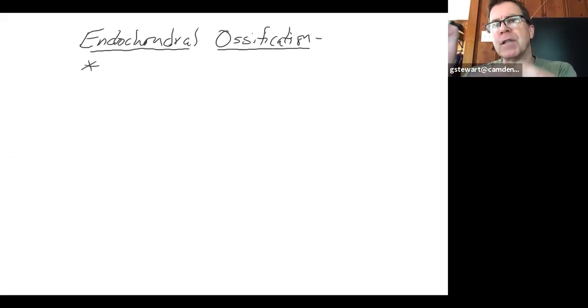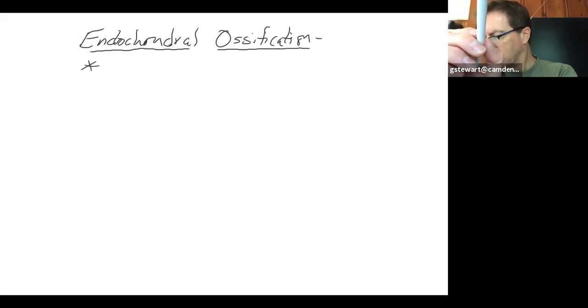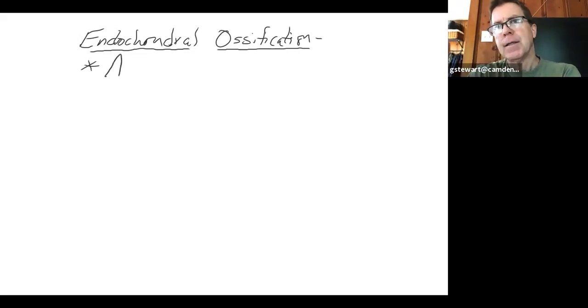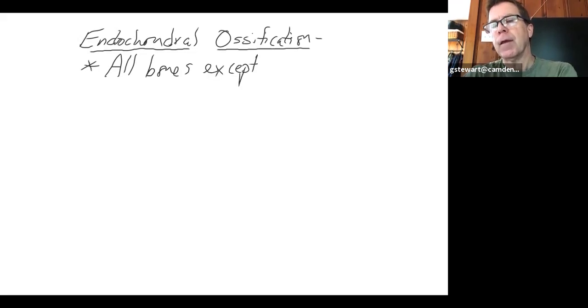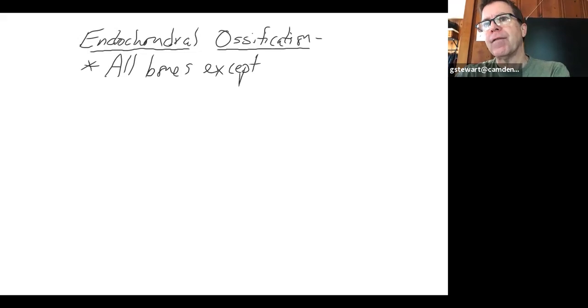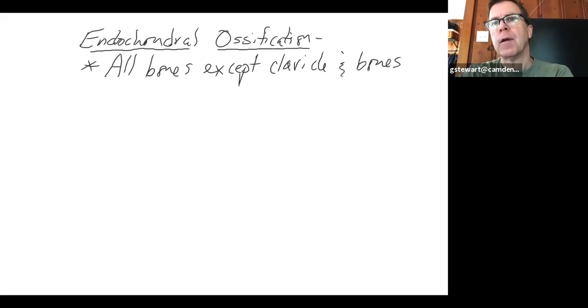These are the bones, the specific bones of the human body that use this process. And in this case, it's all bones. It's easier to write it this way, except the clavicle, which is the collarbone, and bones of the cranium, cranial bones, I'll put in parentheses skull.